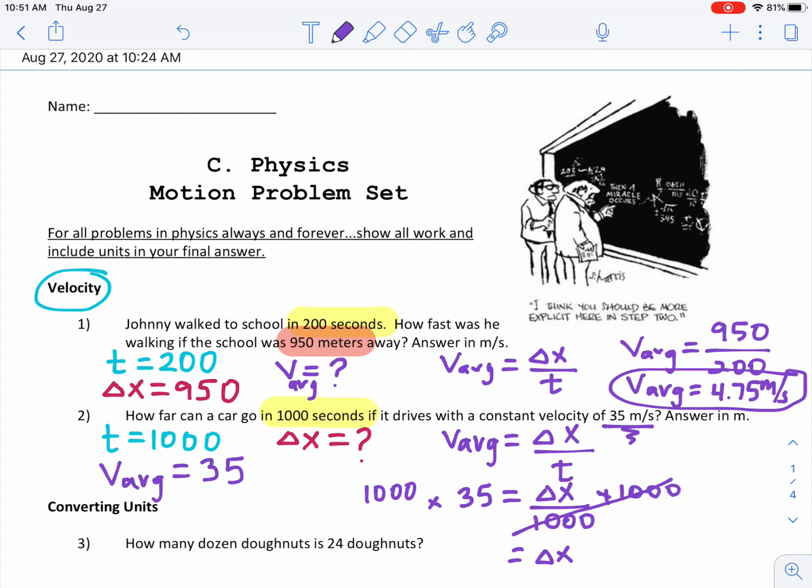Then our final answer is just going to be that 35 times 1,000, which is 35,000. That's a pretty big number, but this car's going pretty fast, and 1,000 seconds is a fair amount of time. So think, what's our unit here? Well, it's meters because it's a distance. And remember, we just write meters as M.